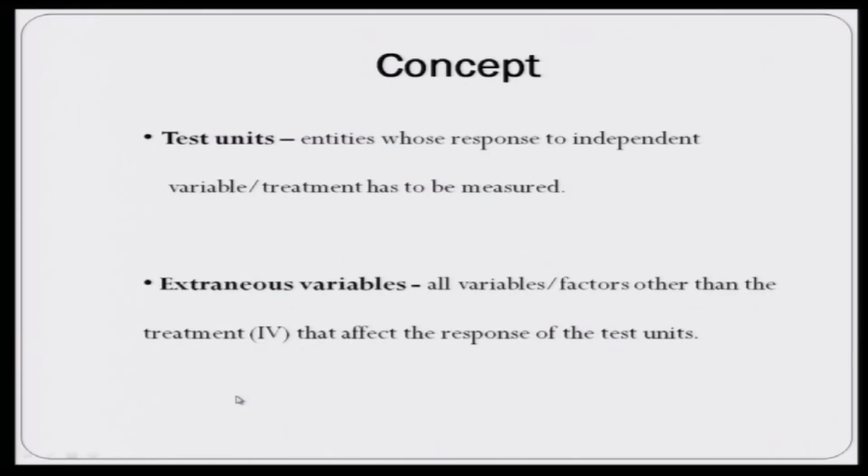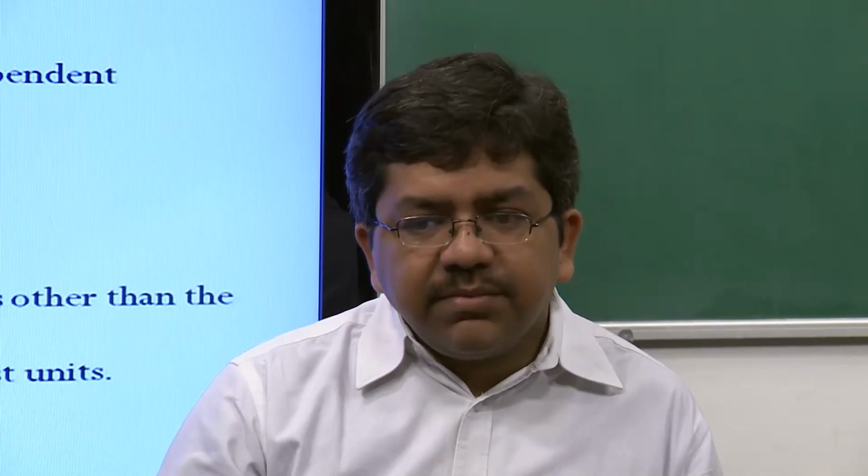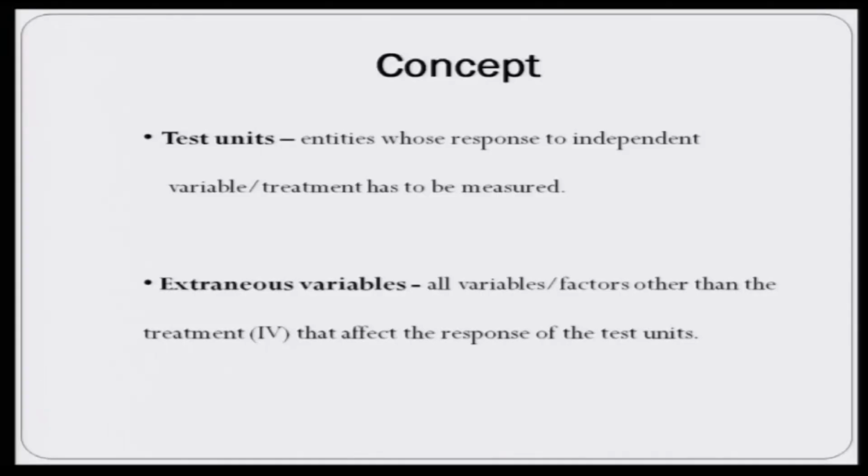Then there are a couple of concepts we need to understand when we try to understand causality. I have already told you about the independent variable, that is the cause, and the dependent variable, which is the effect. Then you have test units, entities whose response to the independent variable or treatment has to be measured.